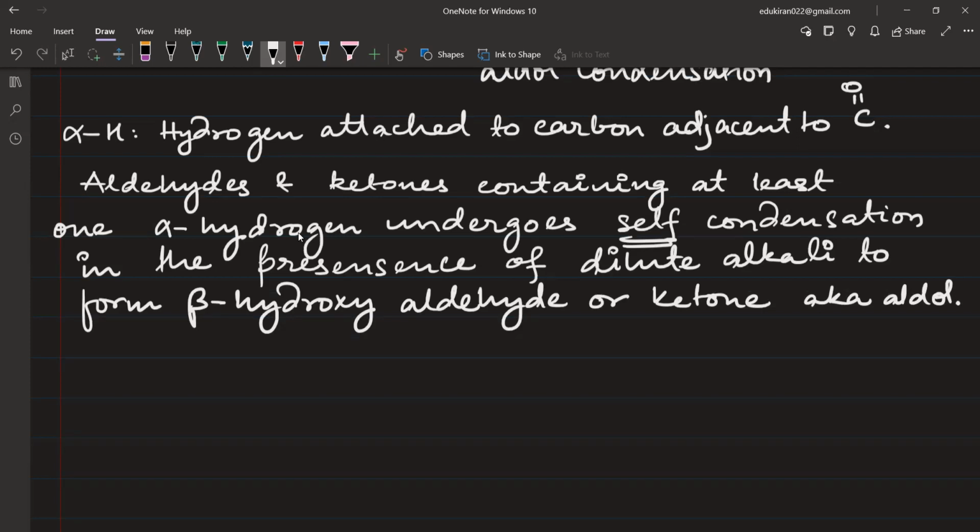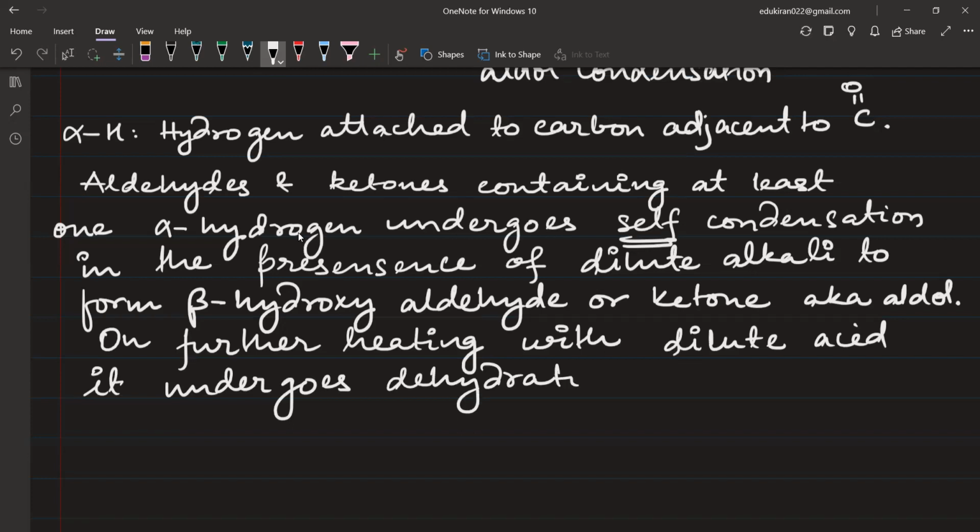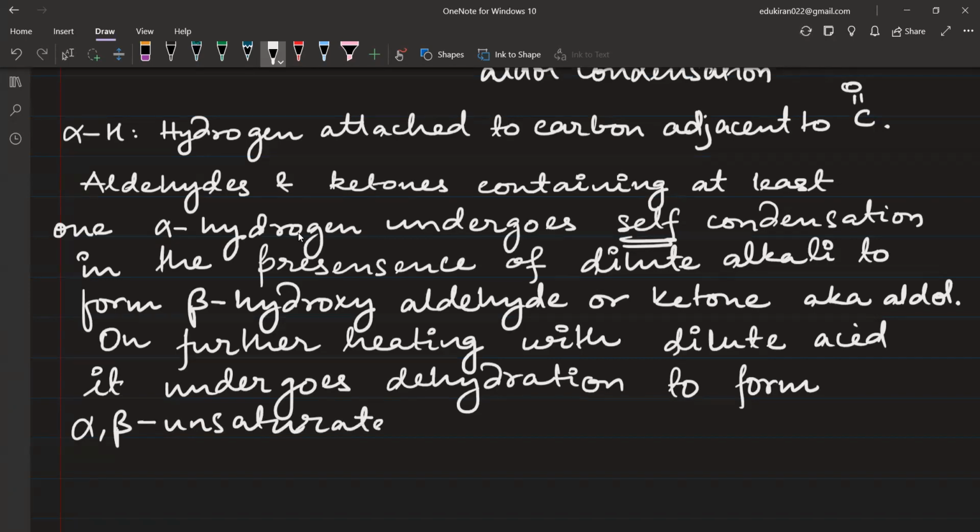On further heating with dilute acid, it undergoes dehydration to form alpha beta unsaturated aldehyde or ketone.